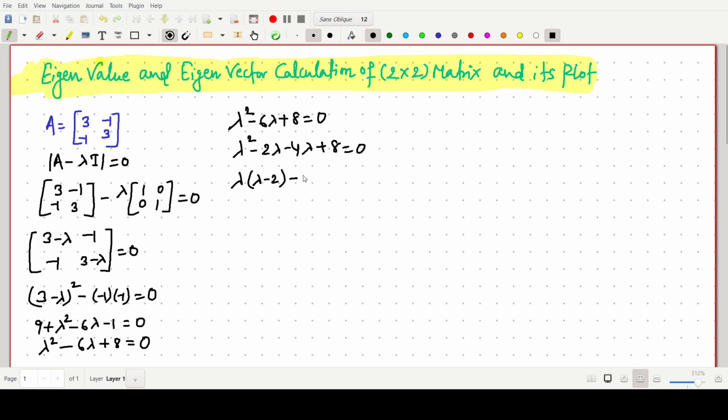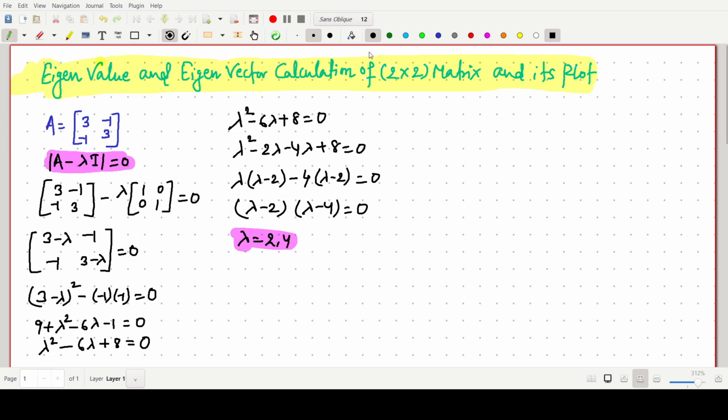Take 4 lambda minus 2. So finally we can get the value of lambda. We can say lambda equals to 2 and 4. So this one is the calculation of the eigenvalue.